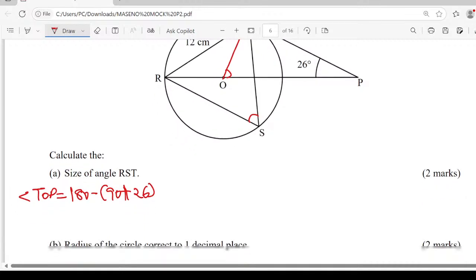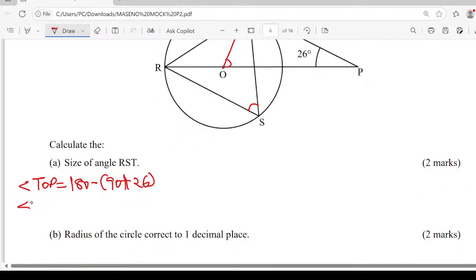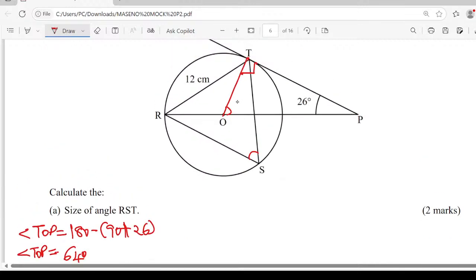So this angle TOP will be equivalent to, when I take 90 plus 26, I get 116. Then 180, I subtract that answer. I'm going to get 64. 64 degrees. So this 64 degrees is this angle here.